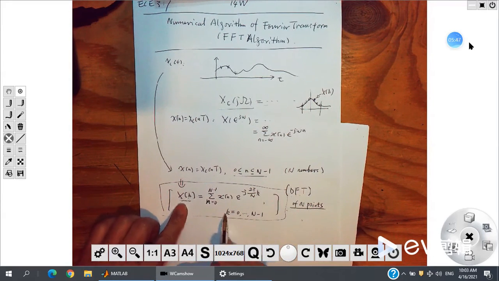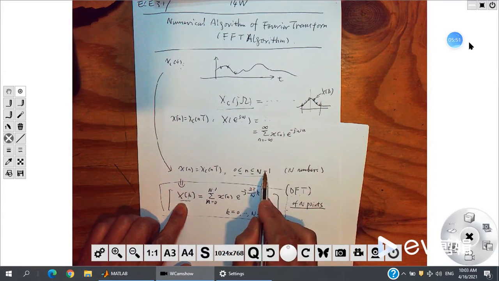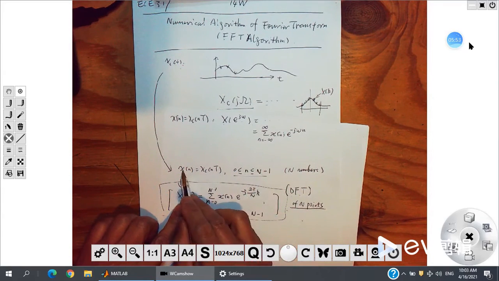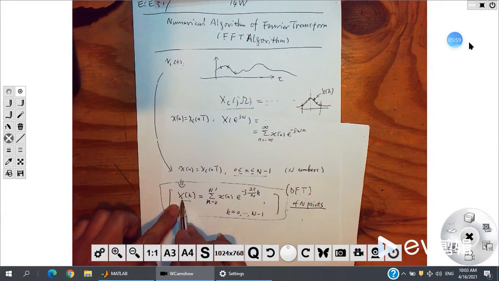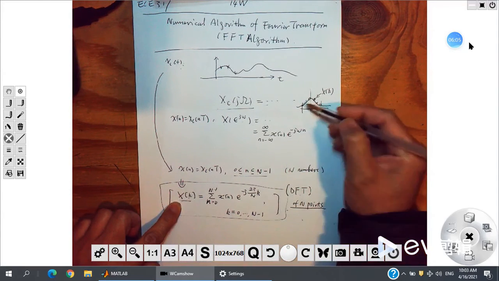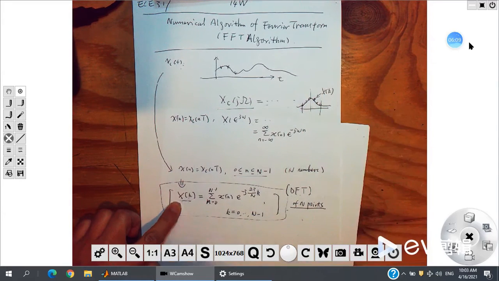K runs from 0 to N minus 1, and here n runs from 0 to N minus 1. So both the sample values of the signal are N points, and the resulting Fourier transform values are also N points. These are some sample points from the Fourier transform.